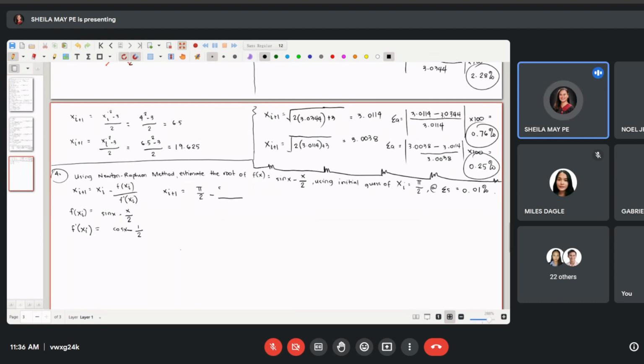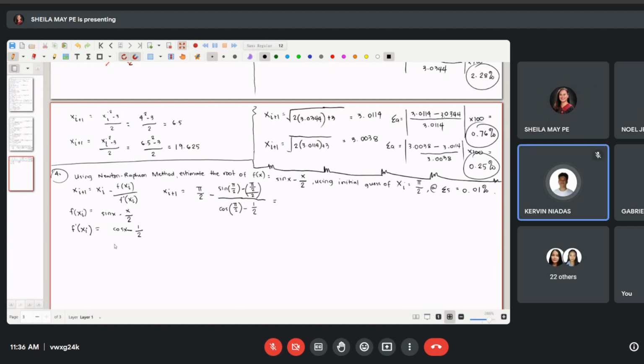That's sine of pi over 2 minus pi over 2 all over 2, divided by cosine of pi over 2 minus 1 half. How much is it, class? Are you following? Yes, ma'am.